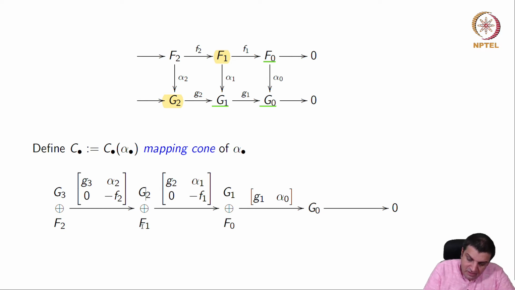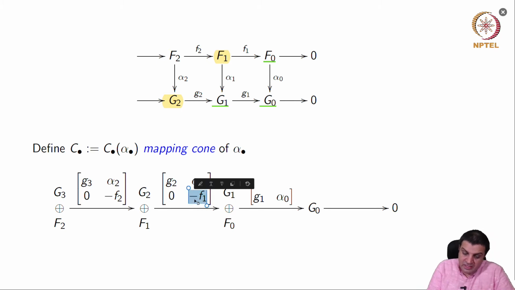From F1, the second part here, to the first summand, G1, there is a map alpha 1. And from F1 to F0, there is a map little f1, but we put a minus sign, and we'll see why this is needed. The only thing to keep in mind is that there's a minus sign there.